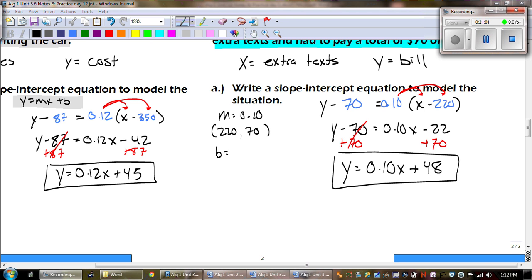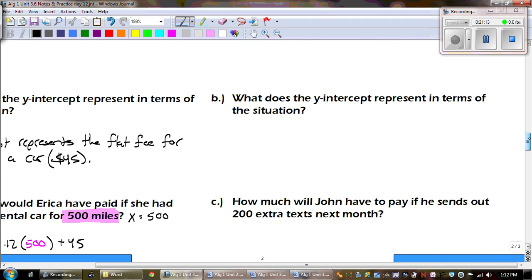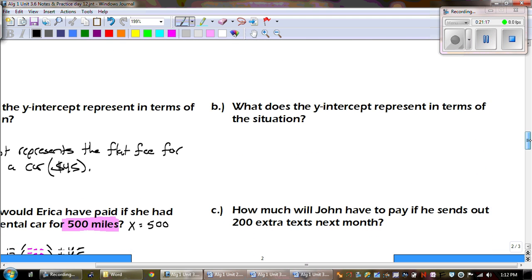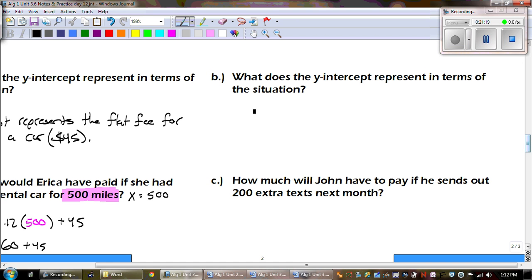Okay, and when you solve it, you should get that y equals 0.10x plus 48, which means that our y-intercept is 48. So what does the y-intercept represent in terms of this situation?